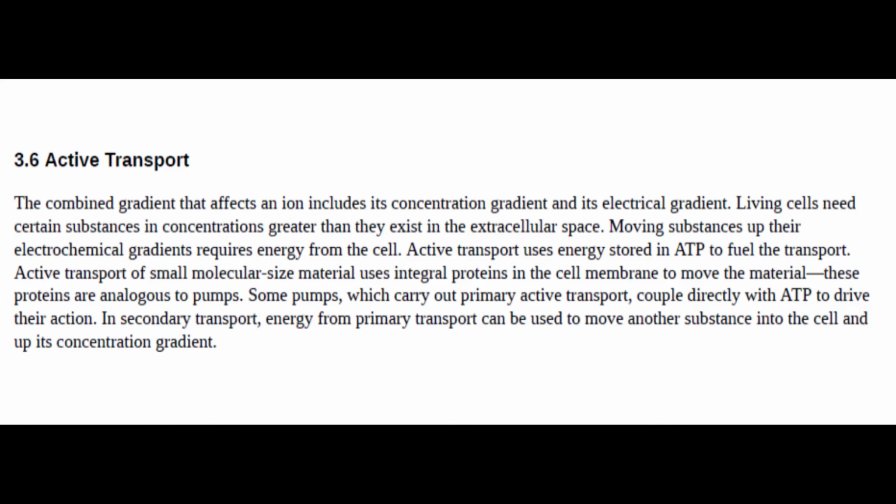Active transport of small molecular size material uses integral proteins in the cell membrane to move the material. These proteins are analogous to pumps. Some pumps, which carry out primary active transport, couple directly with ATP to drive their action. In secondary transport, energy from primary transport can be used to move another substance into the cell and up its concentration gradient.